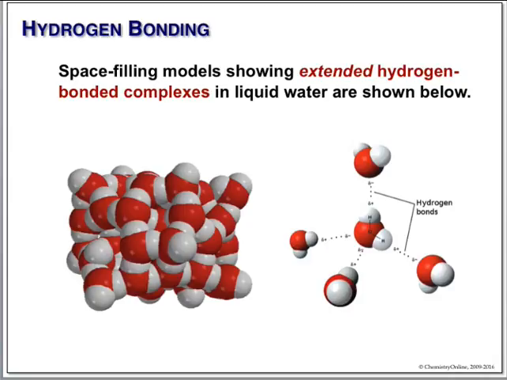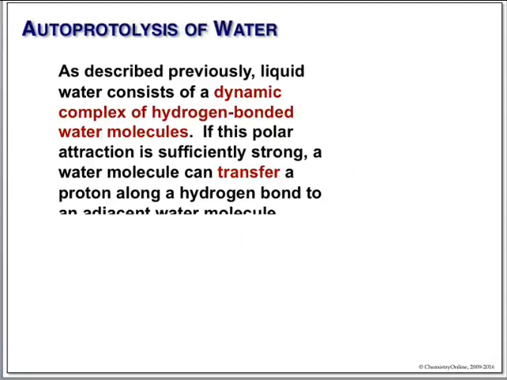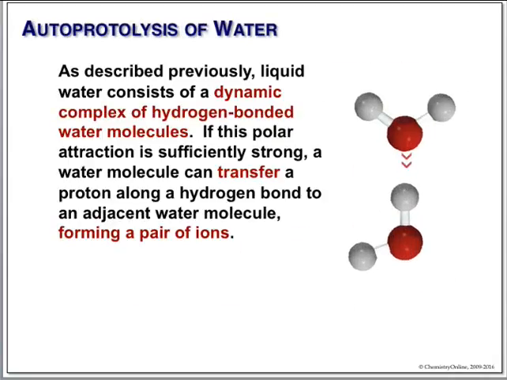Well, there's one other thing that can happen with a hydrogen bond in just plain pure water. Let's imagine we have 2 water molecules sitting here, happily hydrogen bonding with each other. All we have to do is put in just a tiny nudge of energy.